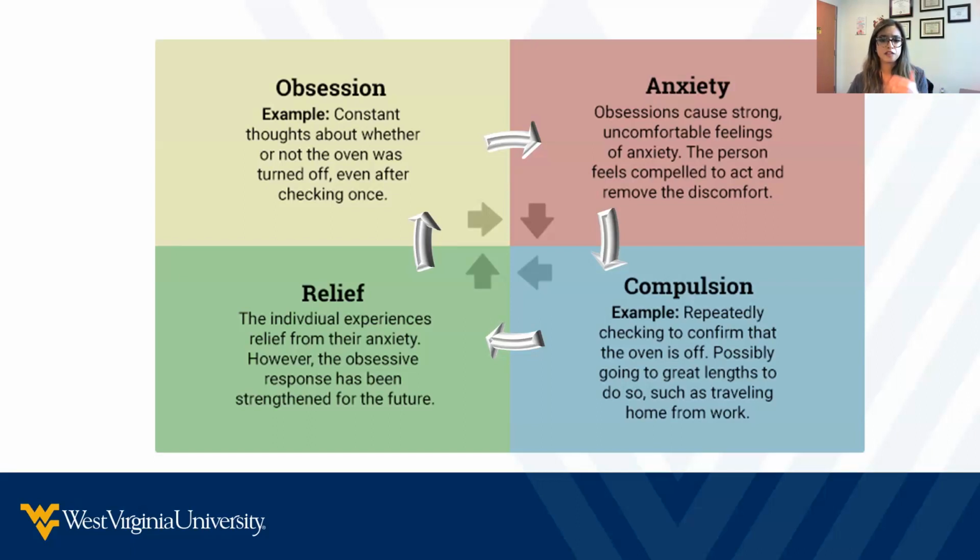You would then engage in a compulsion, going to the stove, checking to make sure it's off, and maybe even having a ritual that becomes complex related to that act, and immediately feeling relief: oh, okay, it's off. I've checked. It's not on. And that makes you feel better, thereby reinforcing this entire cycle. I had an obsession that led to anxiety, I did the ritual, and now I feel better. And now I'm much more likely to continue engaging in that compulsion, that ritual.